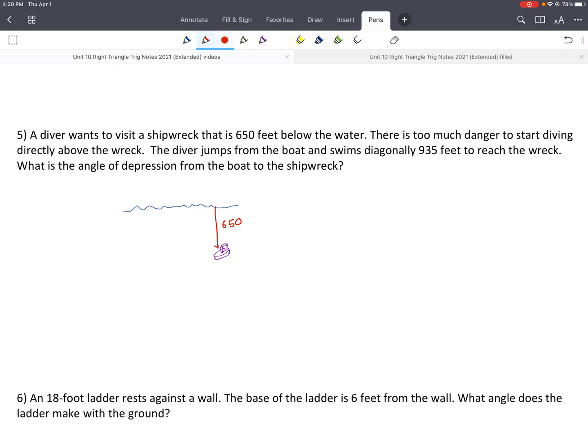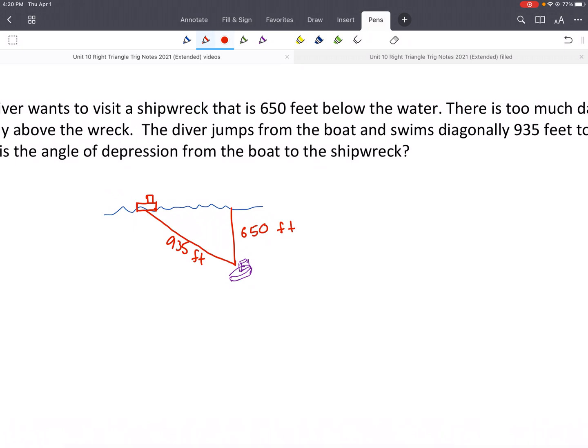So basically he has to swim a longer distance going diagonally to get to the wreck. Maybe we should put units. So here is the other boat that's not shipwrecked. And then it says, what is the angle of depression from the boat to the shipwreck?